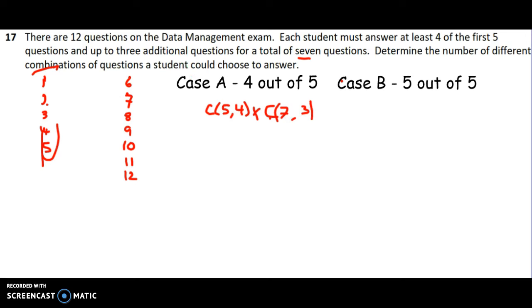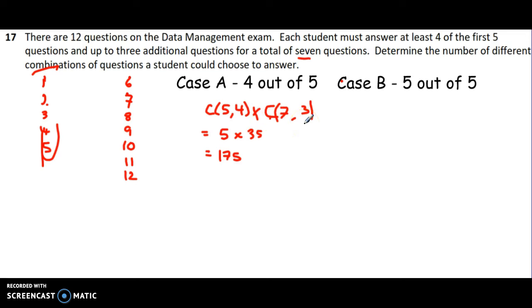This will work out to be equal to 5 times 7 choose 3, which is 35, which equals 175. So there are 175 ways for a student to pick 4 from the first 5 questions to answer, and then 3 from the remaining 7. Notice again, they come up with 7 questions answered.